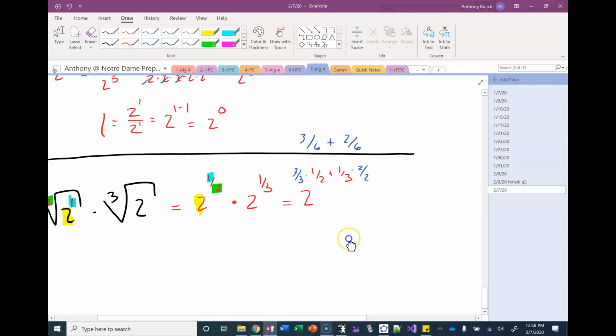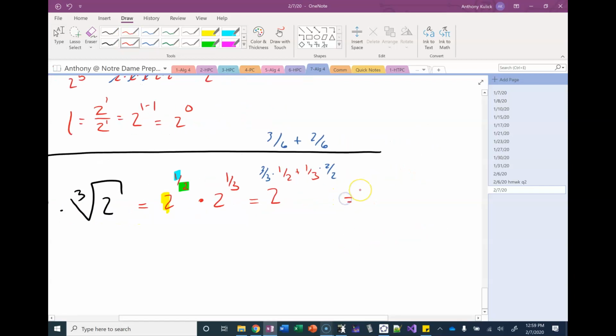And how do I add fractions together once they have a common denominator? Well, I'm going to add the tops, but the denominator stays the same. Is everybody okay with that? Of course.